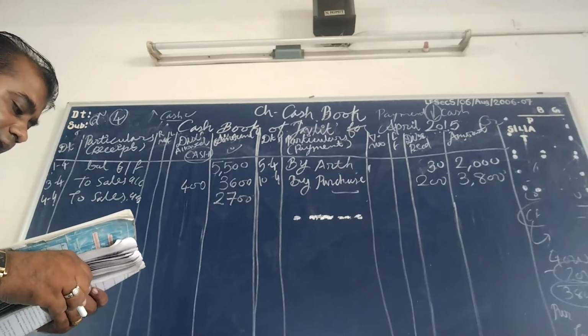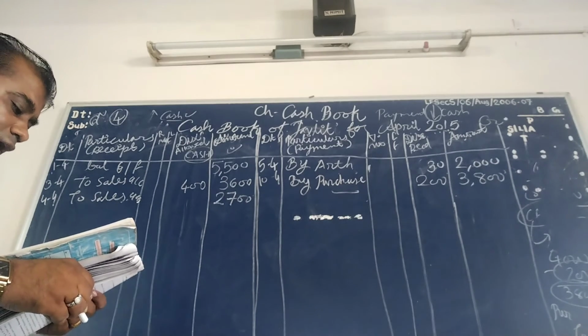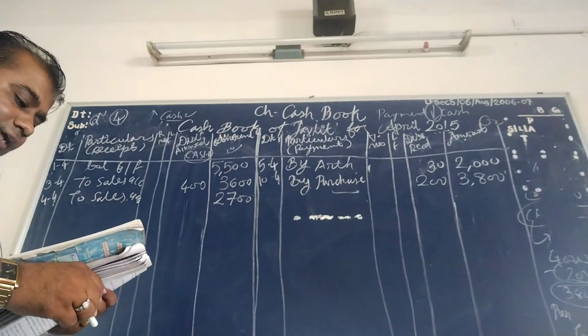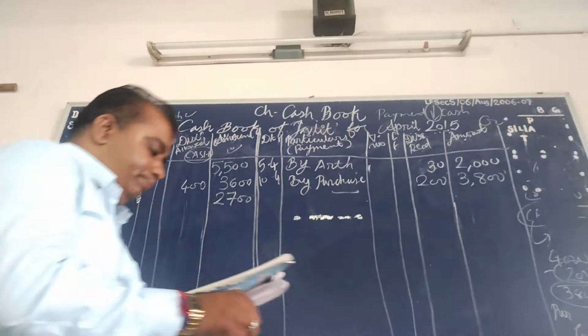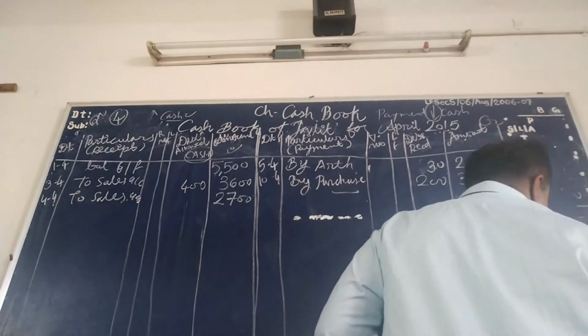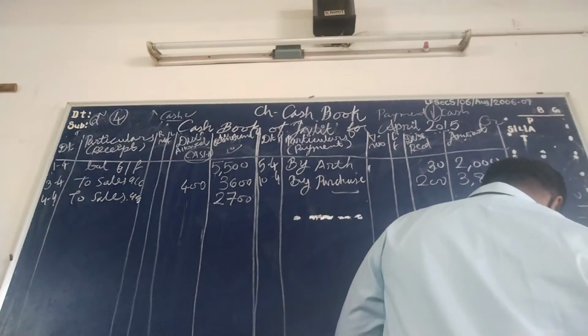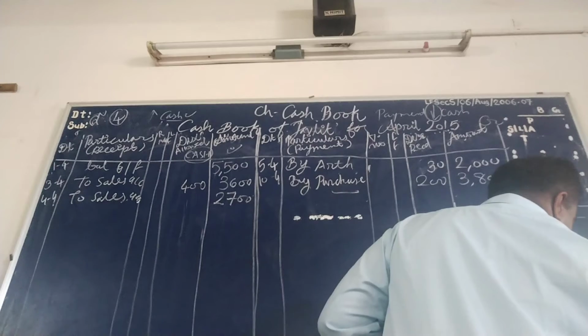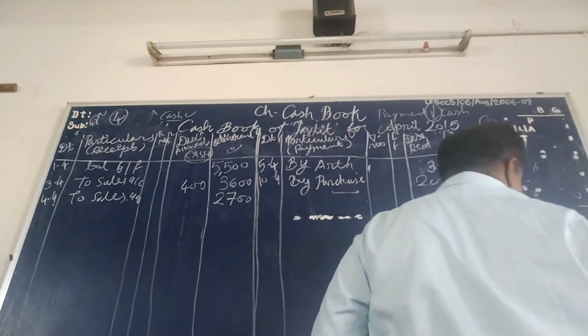Now next one, 13th of April, salary of 1000 and wages of 600 are paid by cash. So we paid salary 1000 and wages. So salary we debit 1000, wages debit 600, to cash 1600.